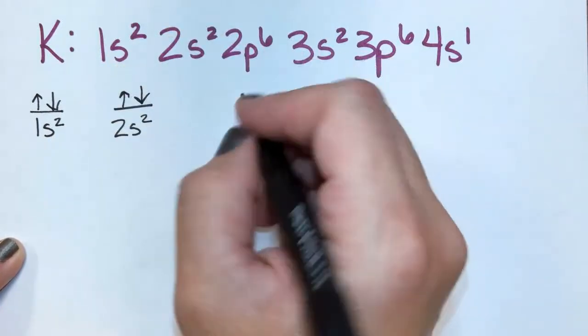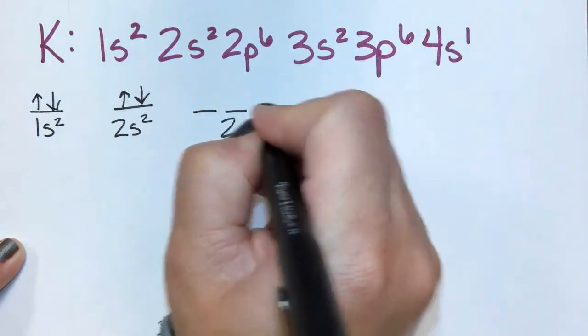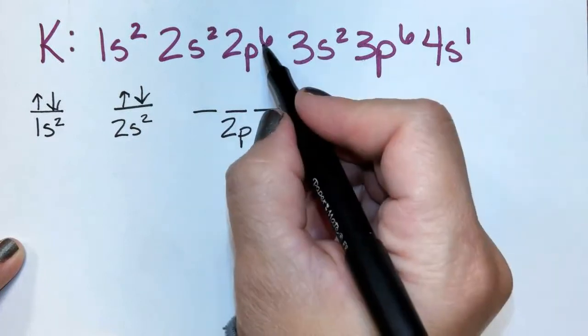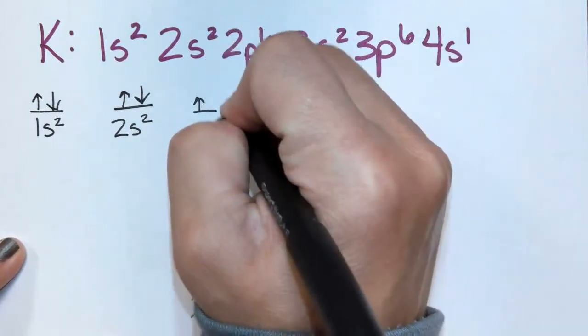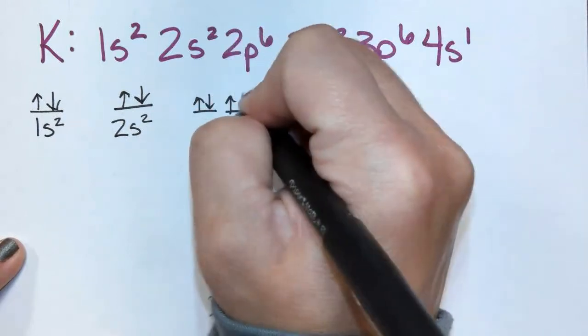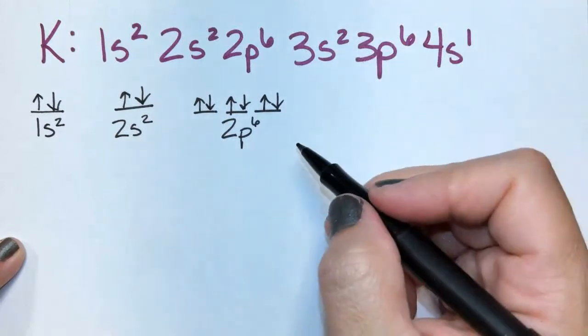Next is 2p. The 2p sublevel has 1, 2, 3 orbitals. We have 6 electrons. They have to enter up, up, up, and then down, down, down. And then 6 is the total in this sublevel.